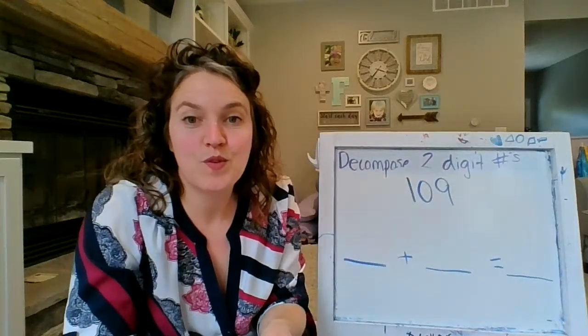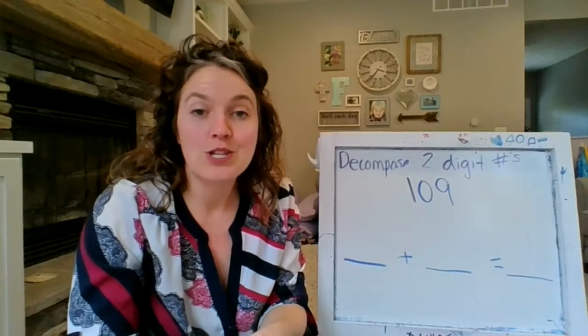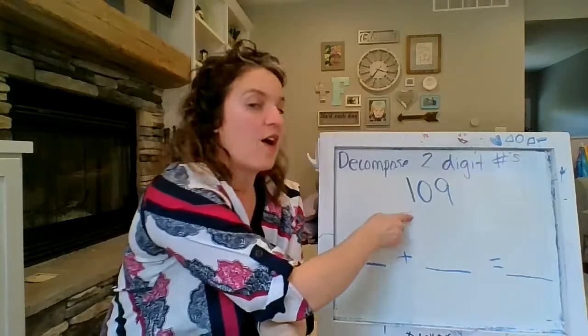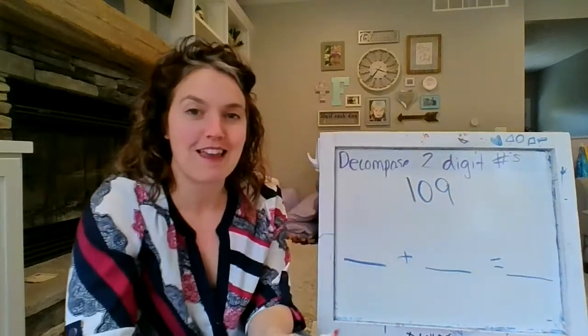Now, for those of you who have been using the strategy of tens and ones, it's a little bit different. So you might want to say this number out loud, and that might help you figure out what plus what equals that number.